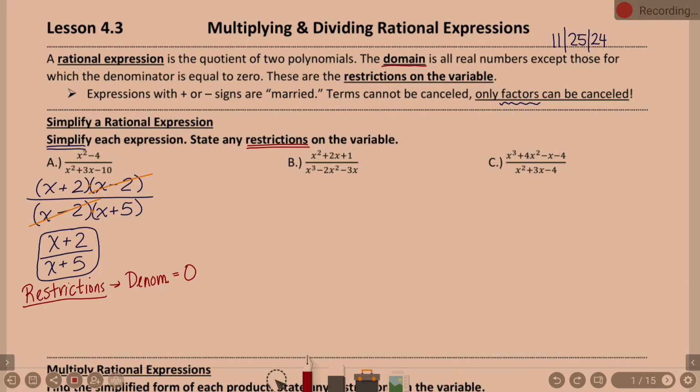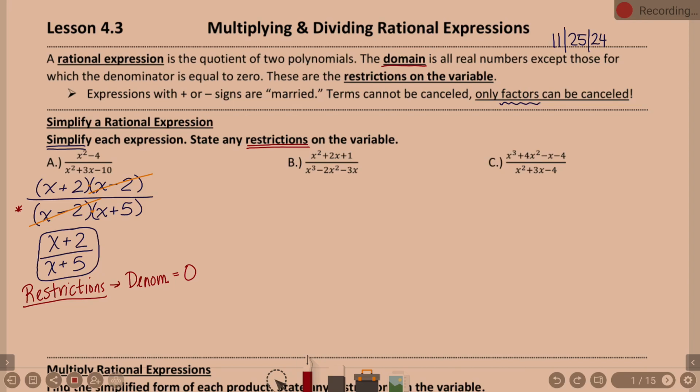You don't want to go just for the final answer because we canceled some stuff out, didn't we? Your options are, you could go with the x squared plus 3x minus 10, the original. But then if I set that equal to 0, I'm going to end up having to turn around and factor it. So my suggestion is always go with the factored version before you canceled anything out.